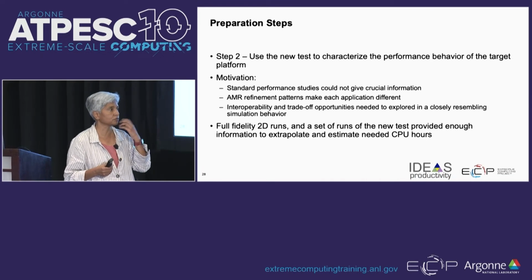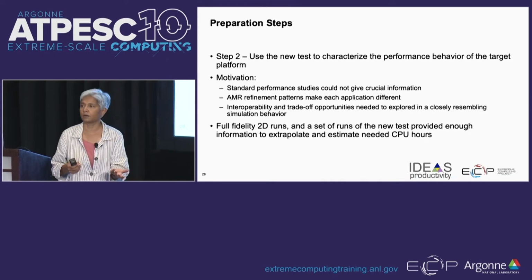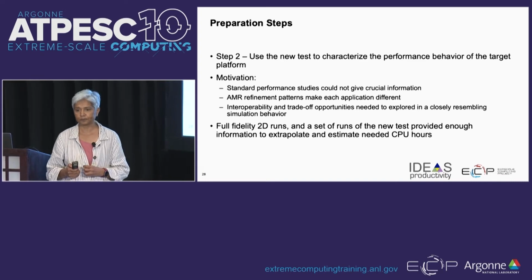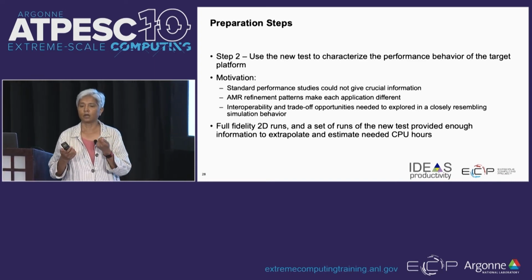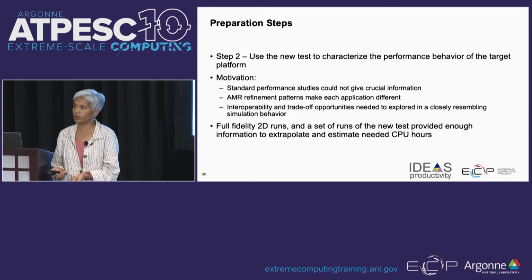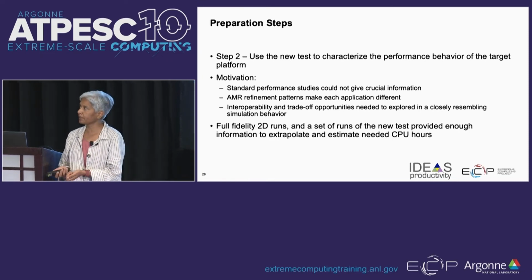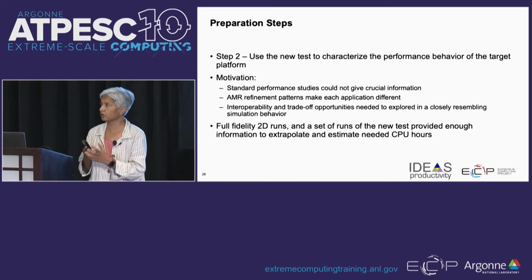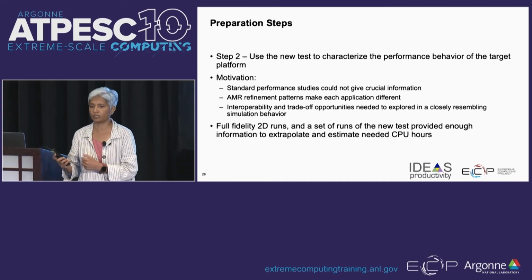So, it is very hard to predict the AMR pattern from other performance studies. And then we needed to examine the possible trade-offs and the interoperability behavior in a situation much more closely resembling the real simulation.